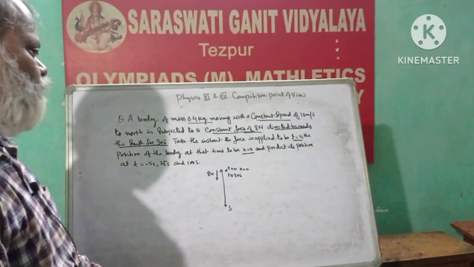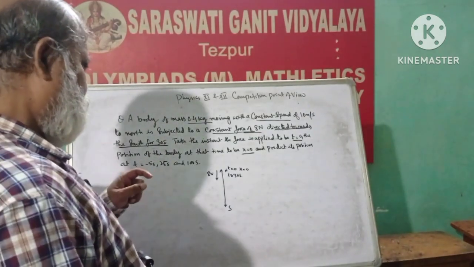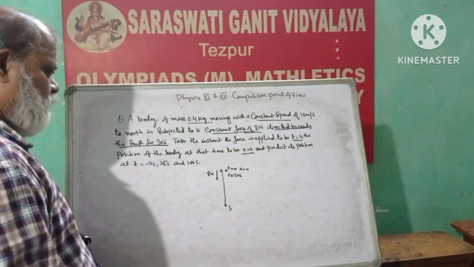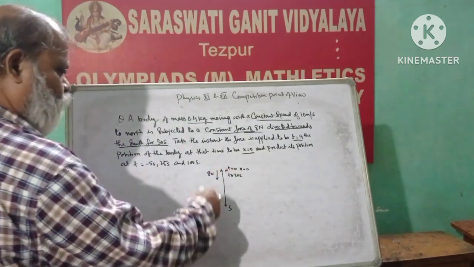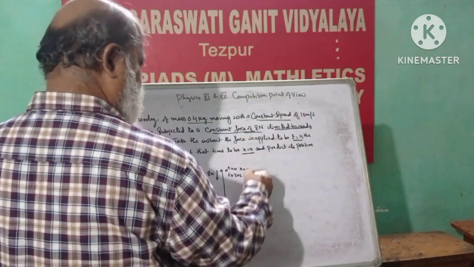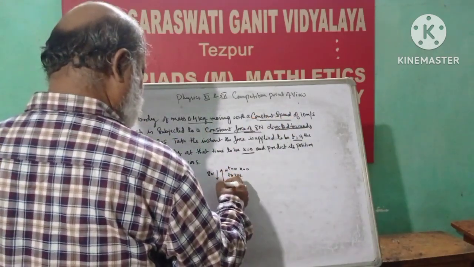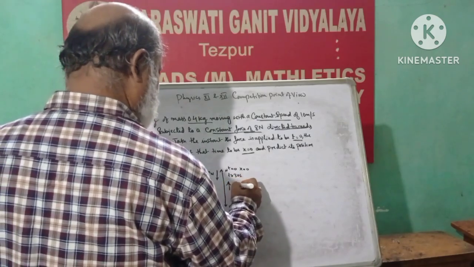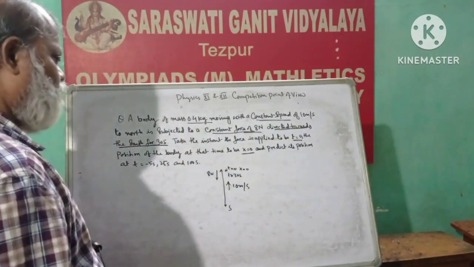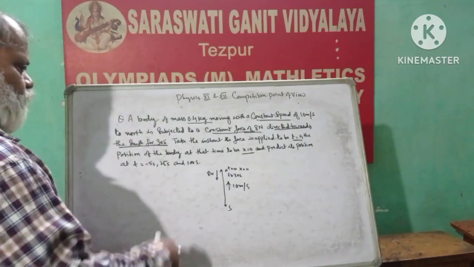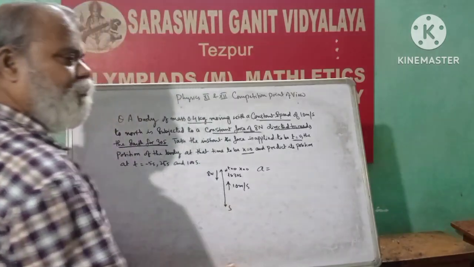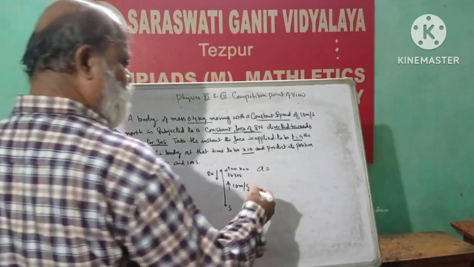Now here you see the important points. First of all, because the force is acting in the opposite direction to the motion of the body, that is, the body is moving in upward direction at 10 meters per second, the force is acting in downward direction. So first let us calculate the acceleration, because when there is force there is acceleration from Newton's second law.